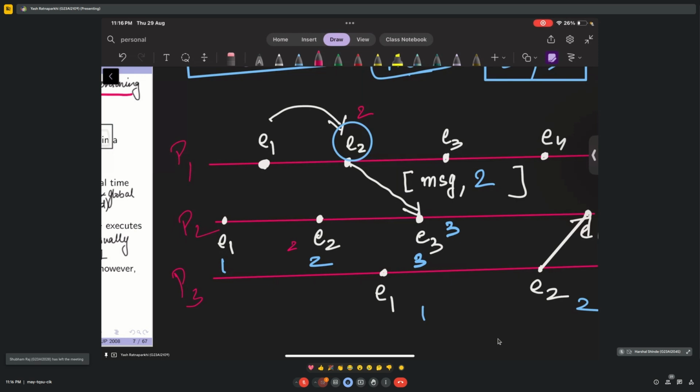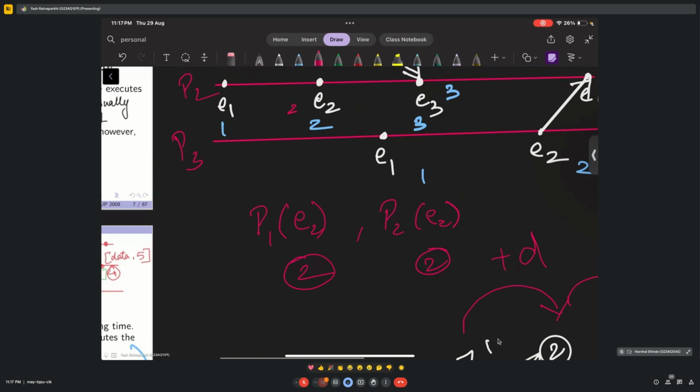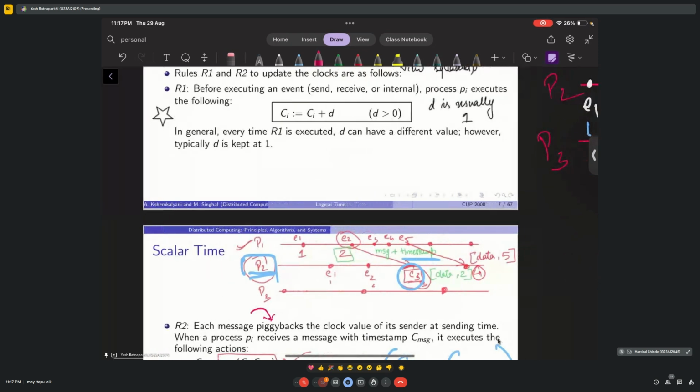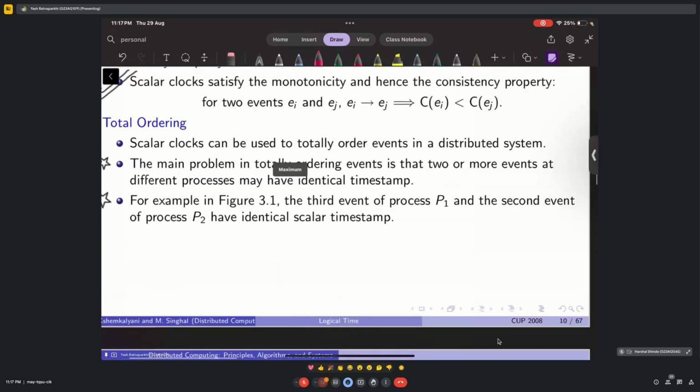Say P1's event 2 and P2's event 2 both have timestamp 2. Whom should I give priority in total ordering? Because in total ordering, each and every event will be tracked. So to whom to give the priority first? This was the problem.